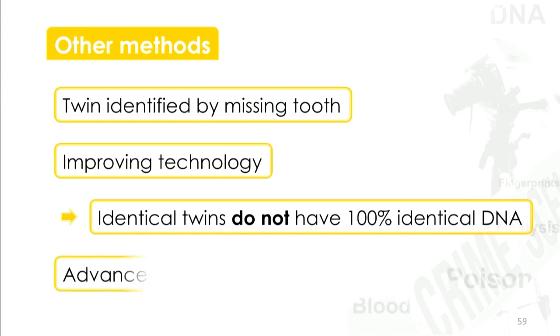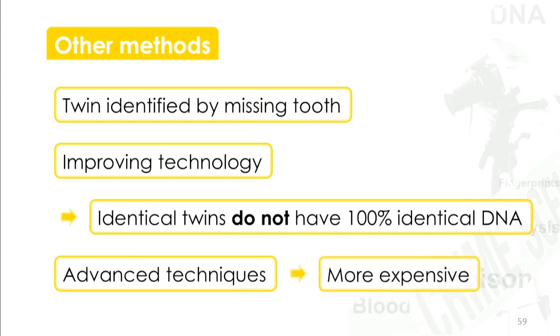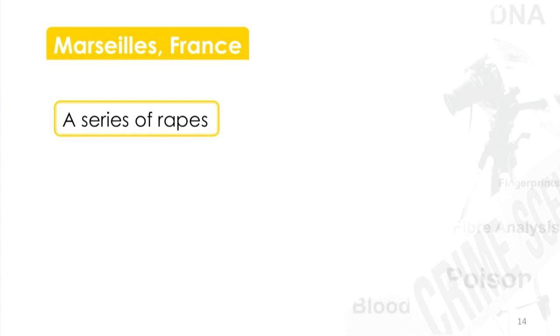But more advanced techniques will be able to show that difference. The problem is, it's going to be more expensive. There was recently a case in Marseille in France where one of two identical twins was accused of carrying out a series of rapes, and the DNA matched.